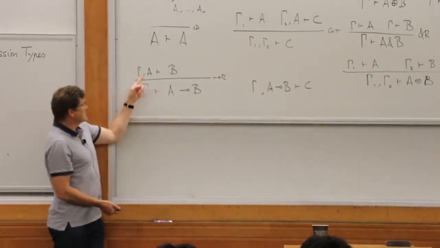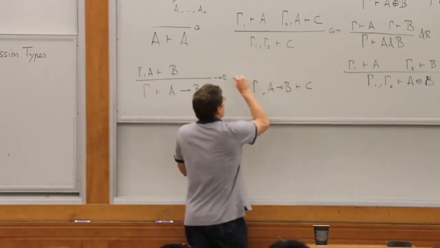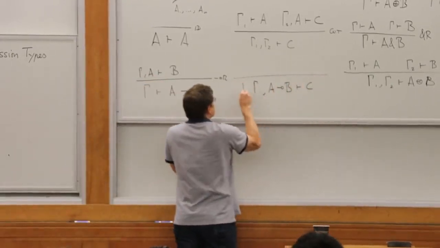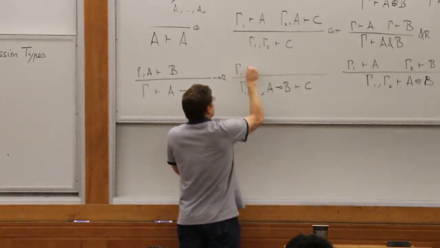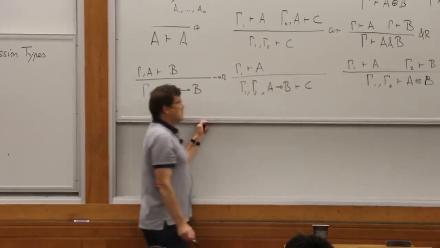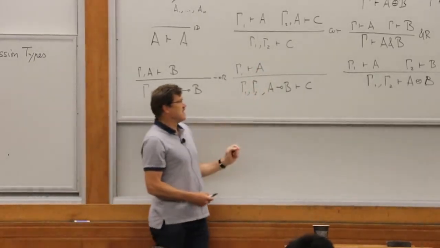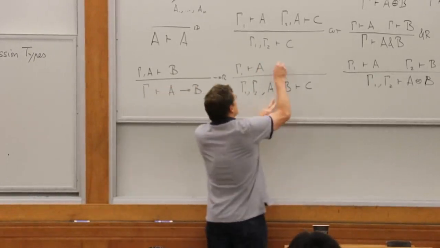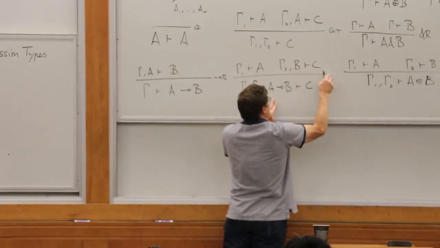Because here we have a method to take an A and get a B out. So that means we have to split our resources. We have to devote some of them to show that we can accomplish A. Then intuitively we use this transformation, and that allows us to then use B to prove C, and that's the left rule.